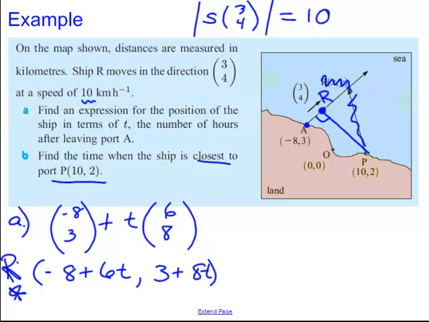So if I want to figure out the time, the t value, when it's the closest to port P, I need to find from P to R. So for part B here now, I need to find vector PR.